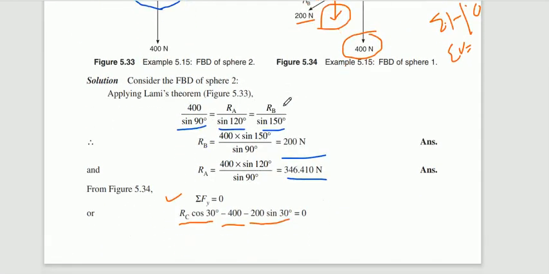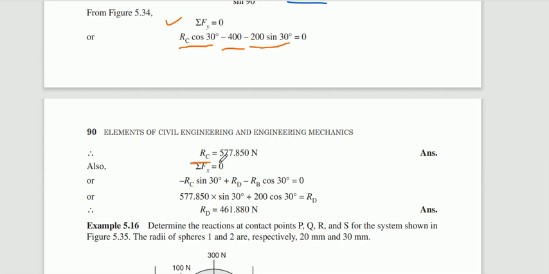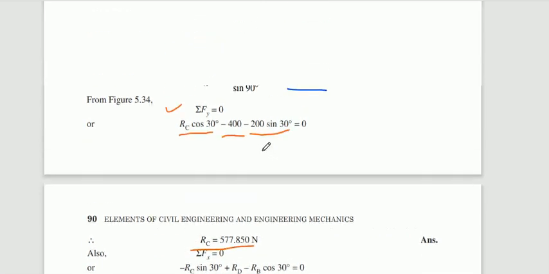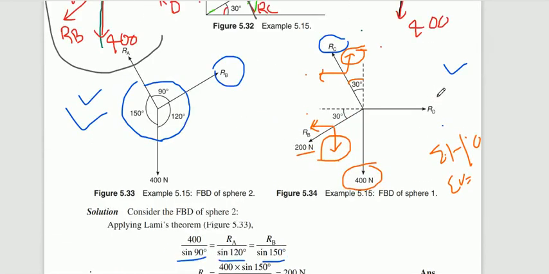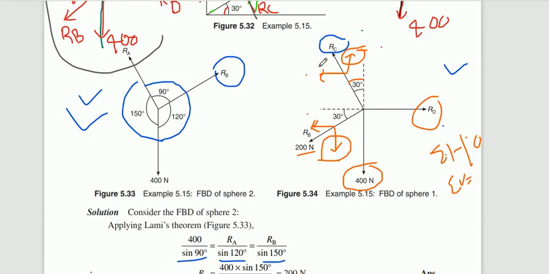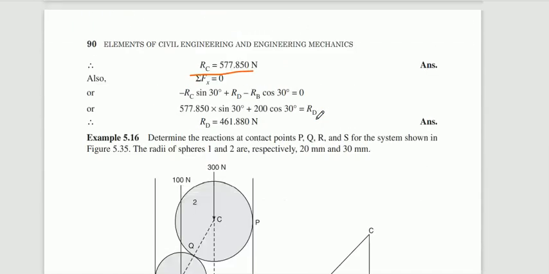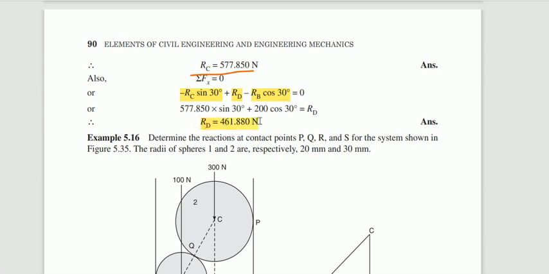Similarly apply summation of Fx: plus RD minus RC sin 30 degrees minus RB, that is 200 cos 30 degrees. By simplifying this, you will get the value of RD.